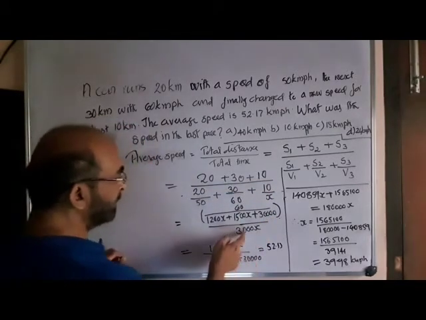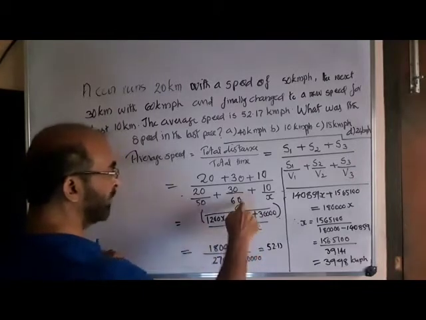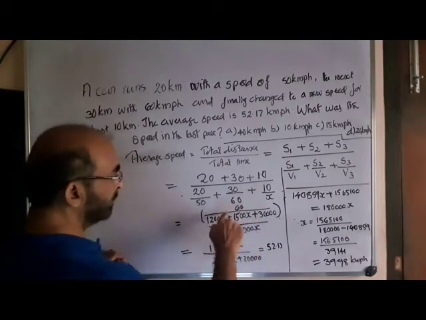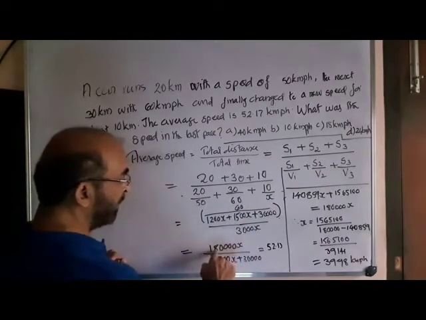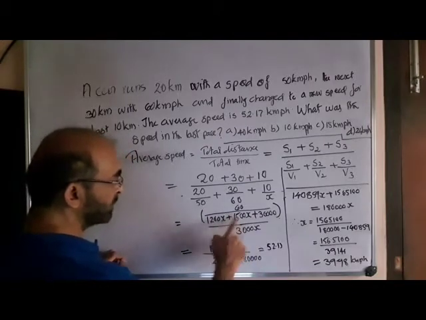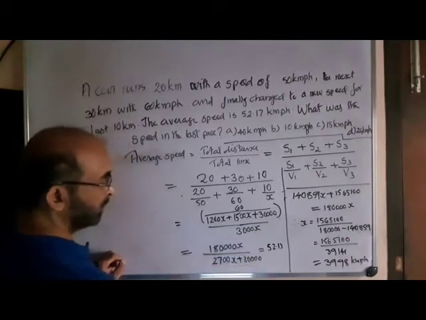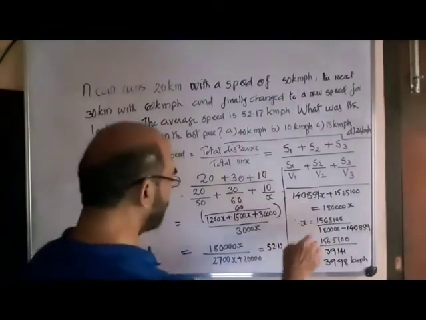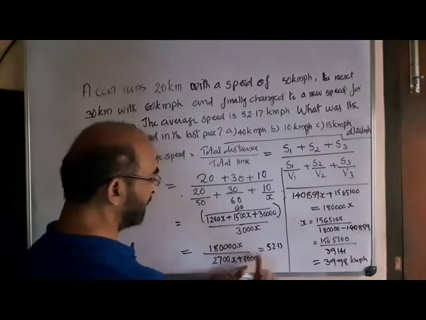Now take the 3000x to the numerator. So that becomes 3000 into 60, 1,80,000x divided by 2,700x plus 30,000. Okay. Now we simply cross multiply this term with the 52.17 and this term again with that term.